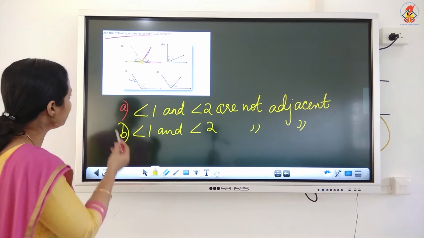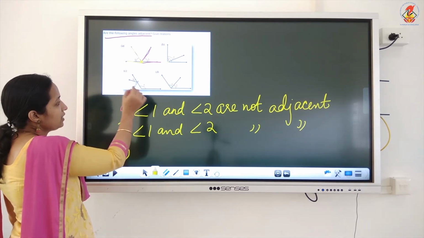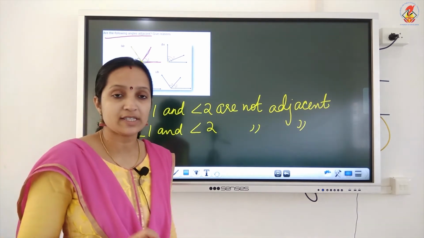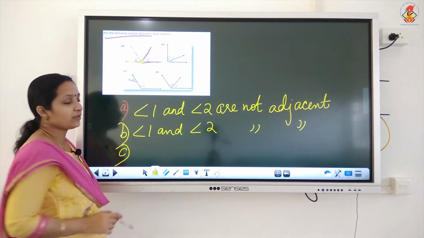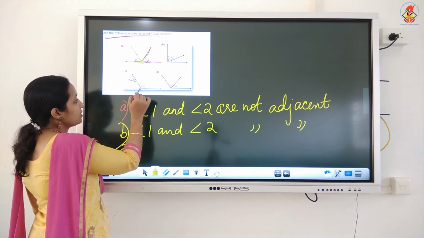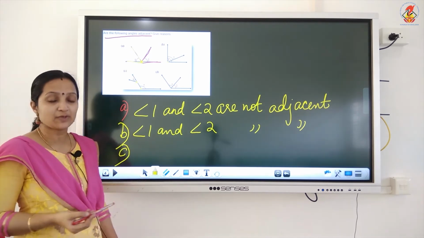Now, look at the third question, C. Angle 1 is this, angle 2 is this. What is the first condition for adjacent angles? They should have a common vertex. Is there any common vertex for these two angles? Here the vertex is this and here the vertex is this. No, there is no common vertex for these two angles.